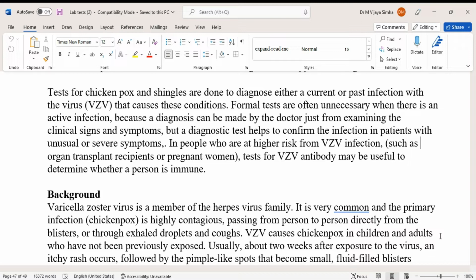In people who are at high risk from VZV infection, such as organ transplant recipients or pregnant women, a test for VZV antibody may be useful to determine whether a person is immune.